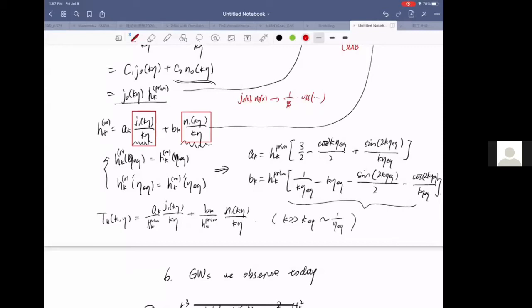Right? So this red box factor goes to k eta squared, some oscillations. So you have to find the leading order of A_k and B_k. And in the case when this k eta_eq is also large, remember that this is the condition when we can use the second line of the transfer function, that this term is the dominant term because it is linear in this large number, and the other things are either suppressed by this large number or just a constant, right?